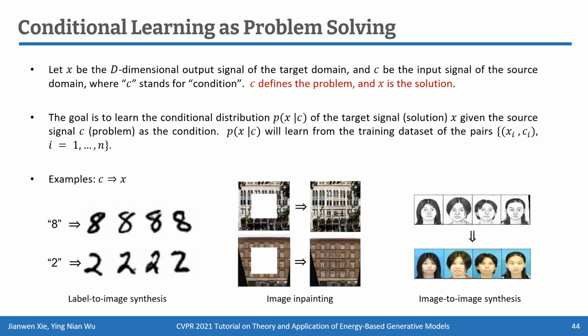The goal of conditional learning is to learn a conditional distribution P of X given C, which is the distribution of the target signal given the source signal, or the distribution of the solution given the problem. Examples of conditional learning include label-to-image synthesis, image-to-image synthesis, and supervised image inpainting.